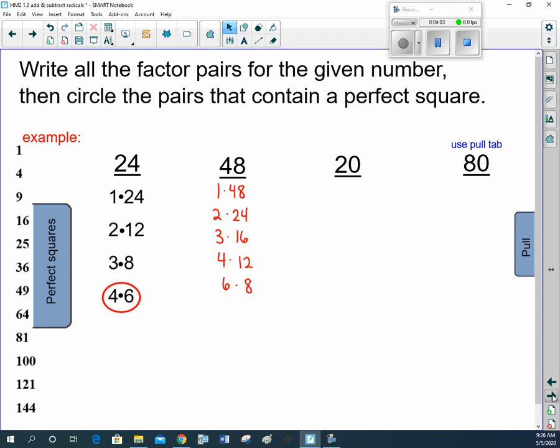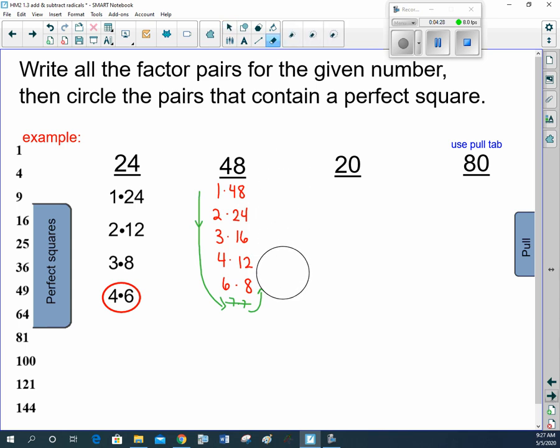If you do it in a systematic order, it kind of makes this U shape. You're starting down here, and then my factors start to repeat themselves up this way. So if you keep it in an organized fashion, it's easier to make sure that you get all of your factor pairs.